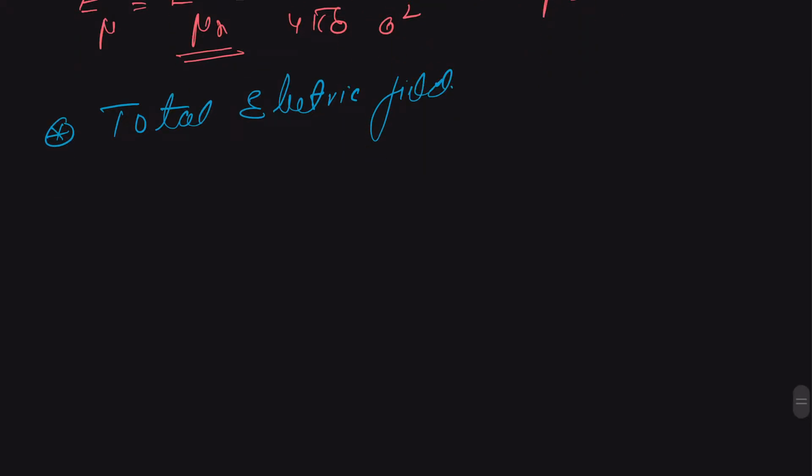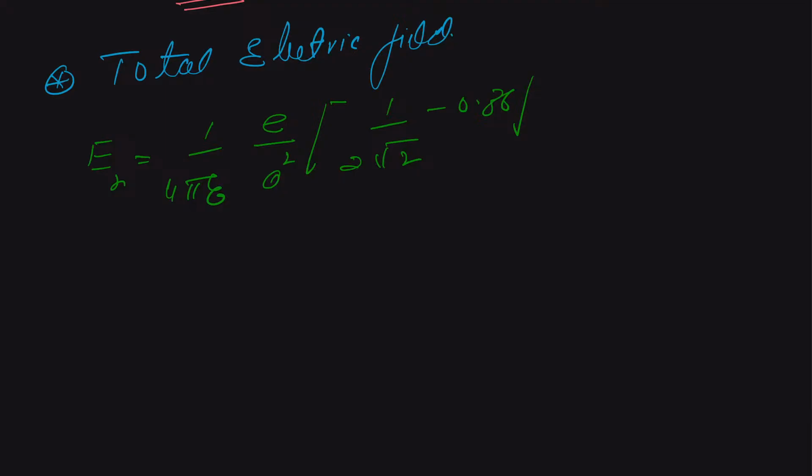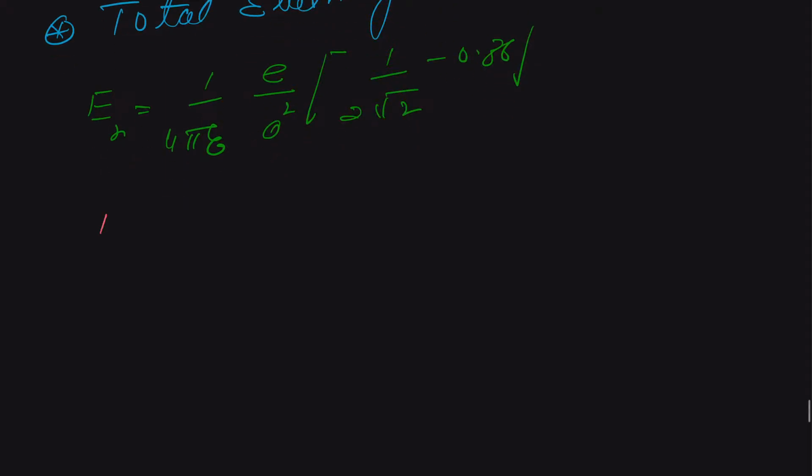So first of all, we are going to solve for our E of x, which will be equal to 1 upon 4 pi epsilon naught e over a square, and this comes as 1 upon 2 square root of 2 minus 0.36, and E of x will be coming as minus 0.006, in units of 1 upon 4 pi epsilon naught e over a square.